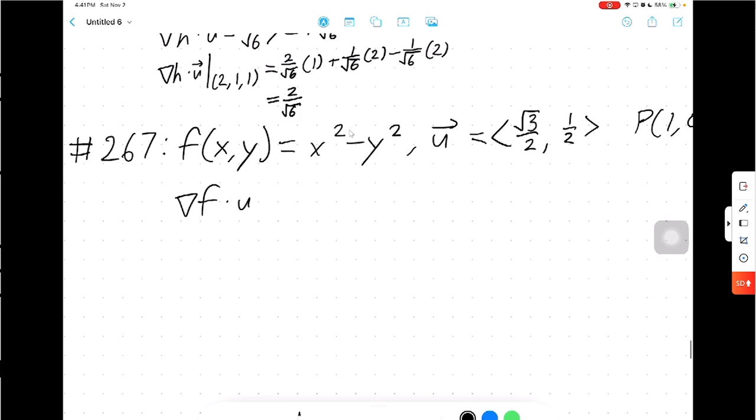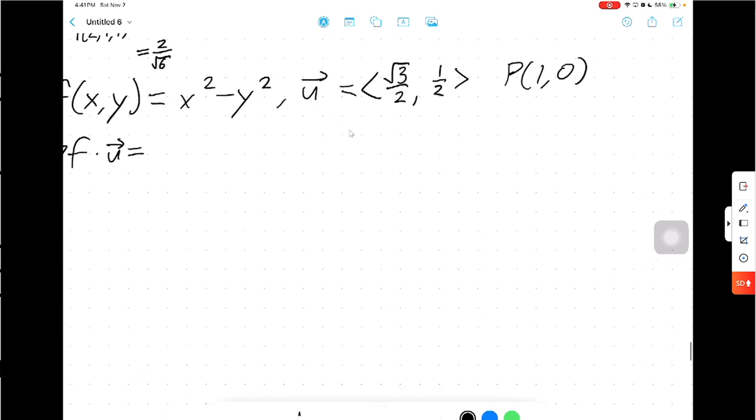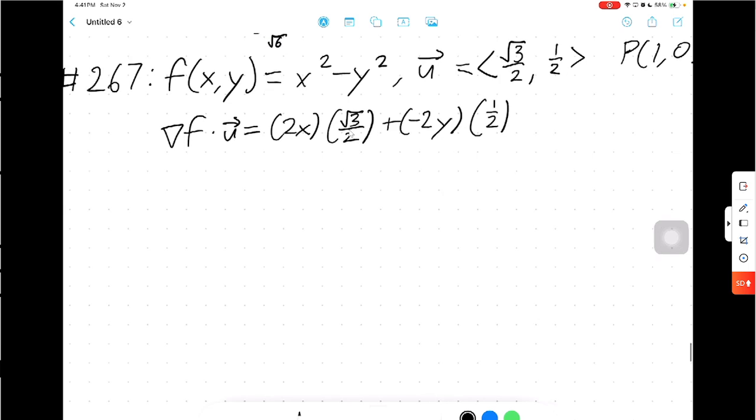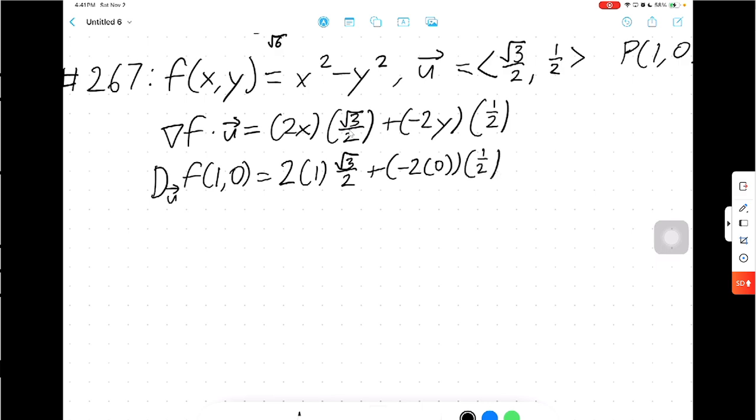Gradient f dot u, partial with respect to x times root 3 over 2 plus partial with respect to y times u of y. I'm just going to use the directional derivative thing. 1, 0. 2 times 1, root 3 over 2, times 1/2. This portion is 0, so we get root 3.